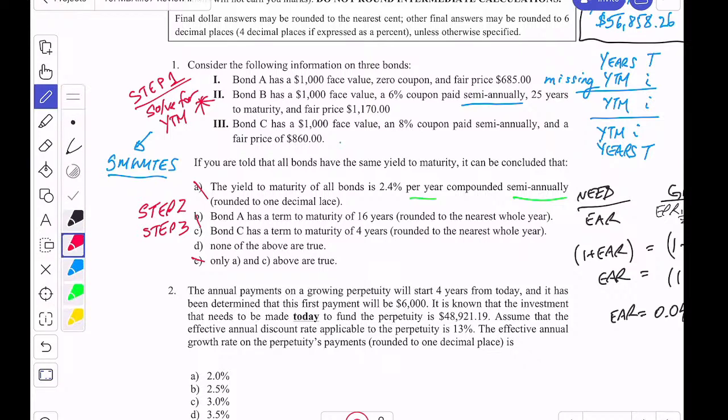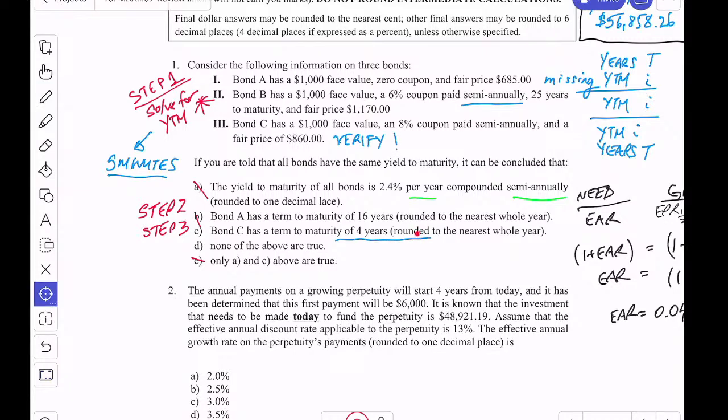Okay, so try this. You're going to verify if it's 4 years or 8 semi-annual periods.